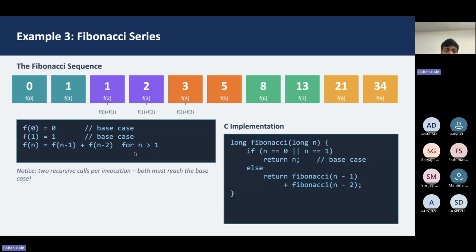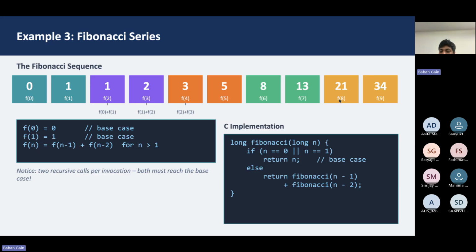Similarly, you can use the Fibonacci series. Fibonacci is like 0, 1, then you have to add 0 plus 1 is 1, 1 plus 1 is 2, 1 plus 2 is 3, 2 plus 3 is 5, like that. Let's say I want to calculate the Fibonacci value of 9. So I have to take f of 7 and f of 8.